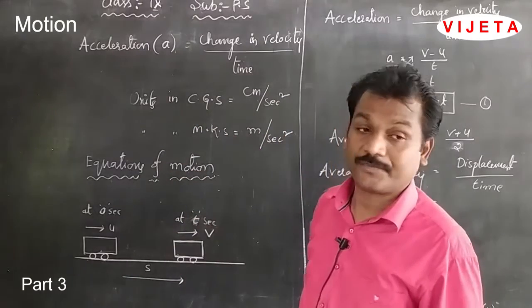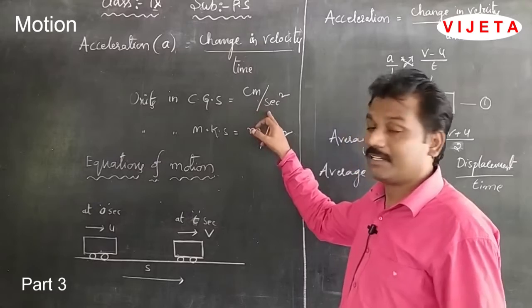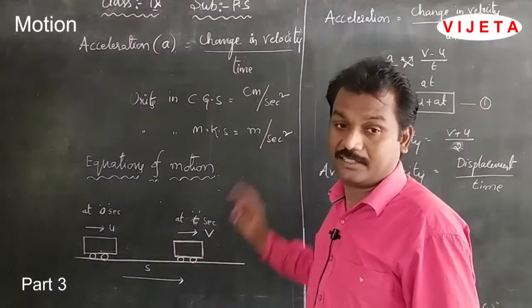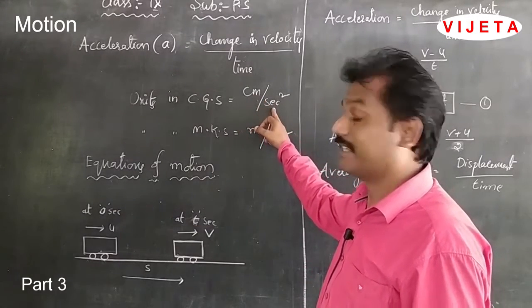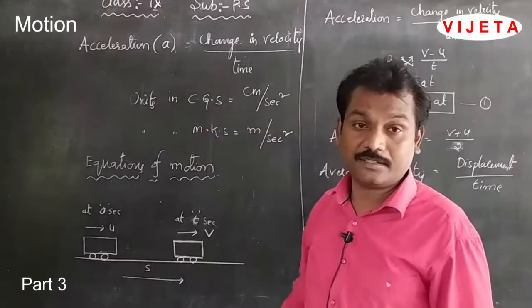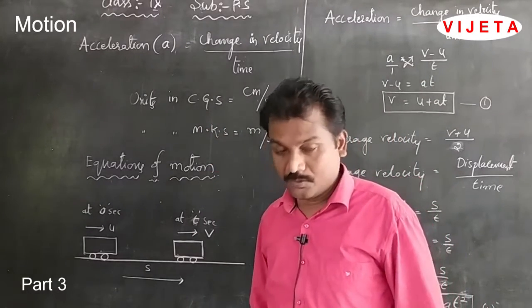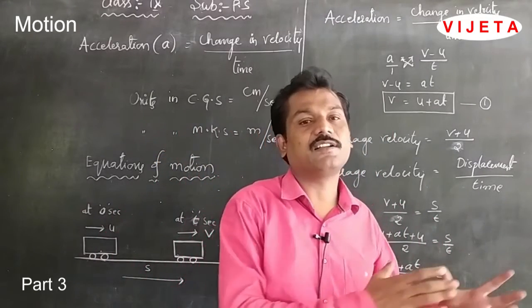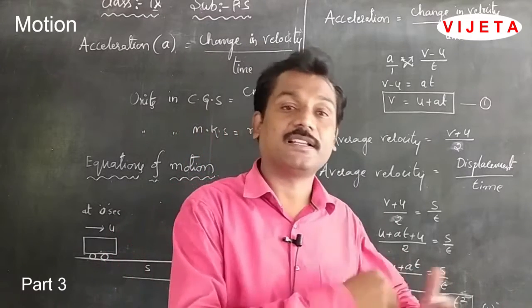So, what are its units? Students, the unit of acceleration is centimeter per second square in the CGS system and meter per second square in the MKS system. If a body is traveling with increasing velocity, then the body is traveling with positive acceleration.